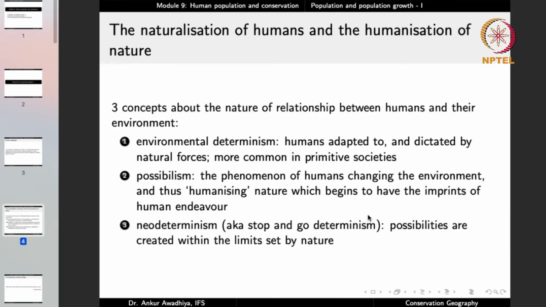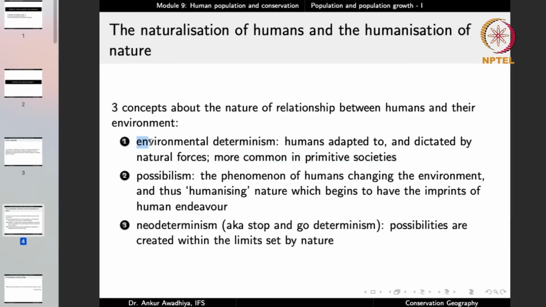Now in this context, we can talk about the naturalization of humans and the humanization of nature. Now this refers to three concepts about the nature of relationship between humans and their environment. The first is environmental determinism. It states that humans are adapted to and dictated by natural forces, and this is very commonly seen in primitive societies.